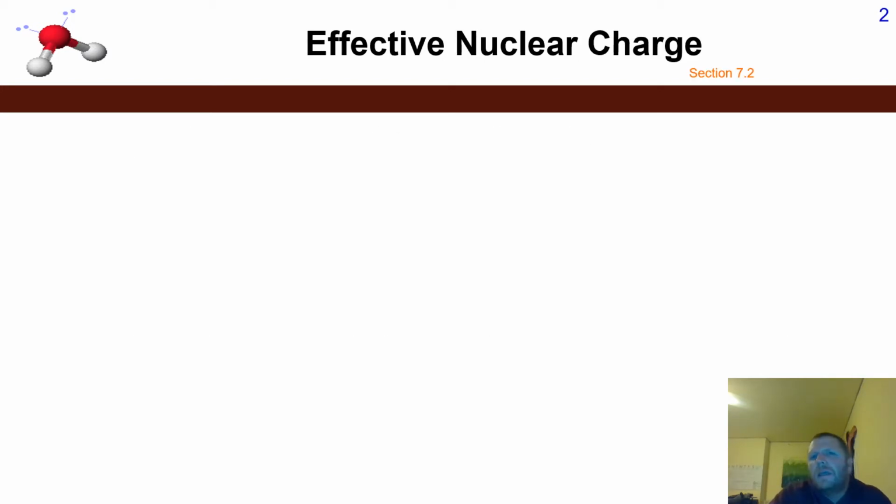So one of the things that you need to understand about every single atom is this concept of an effective nuclear charge. When you think about the effective nuclear charge, it's important to remember the structure. So we have a nucleus, and then let's just say that we have 6 electrons.